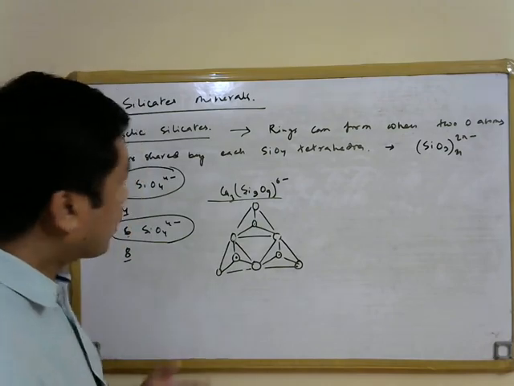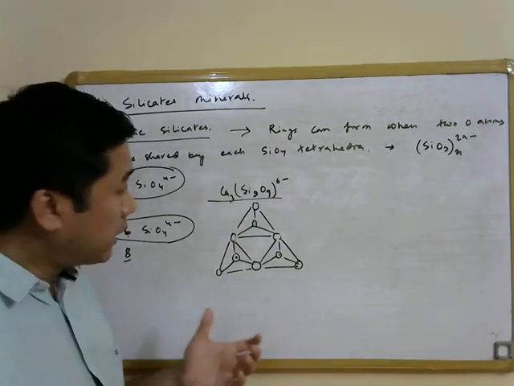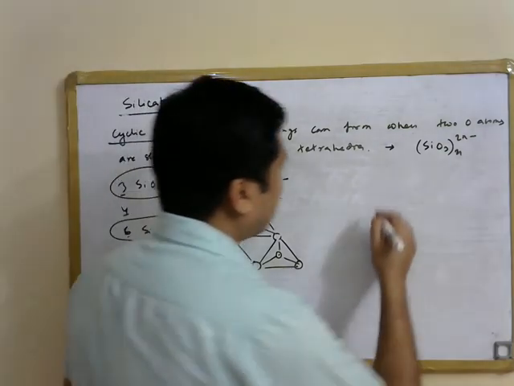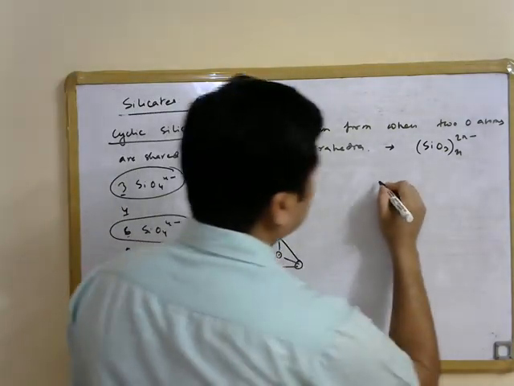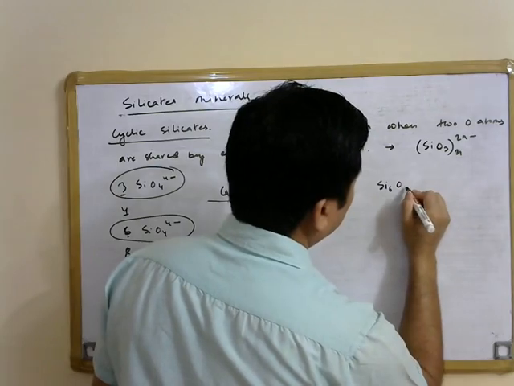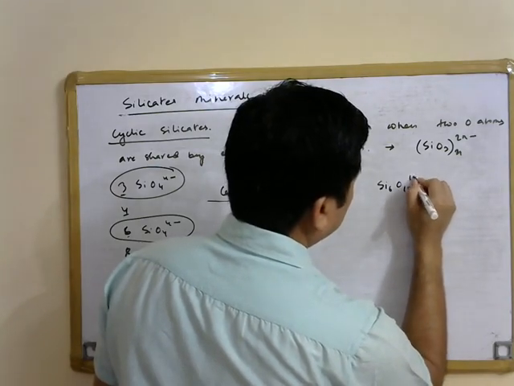The other common example of cyclic silicate, as we have said, is where there are 6 SiO4 units. So the formula is going to be Si6O18 12 negative.